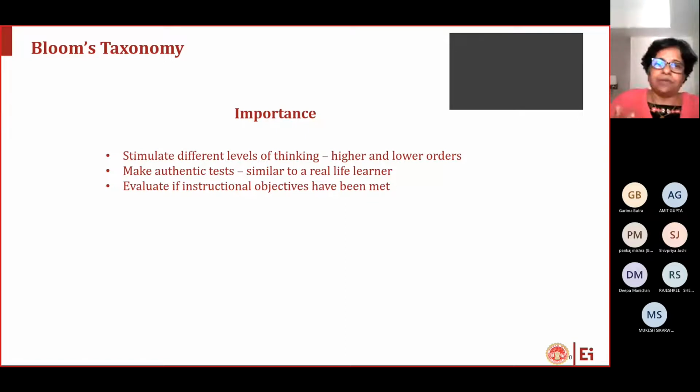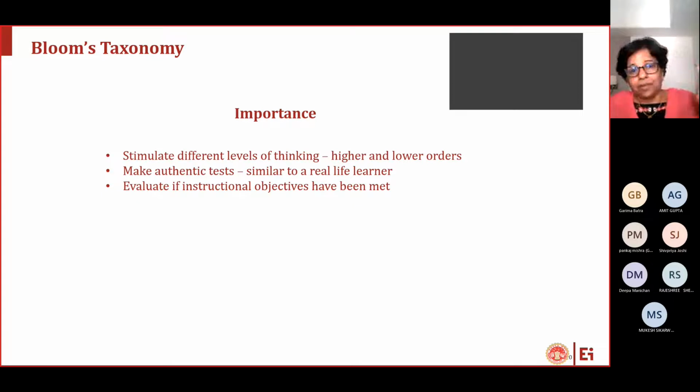In one situation, the child will have to recall. In a real life situation, I'm telling, the child will have to recall information. In another situation, the child will be required to analyze information. And in another situation, the child will be asked to apply information, right? So in a real life scenario, the child will encounter different demands on cognitive skills.